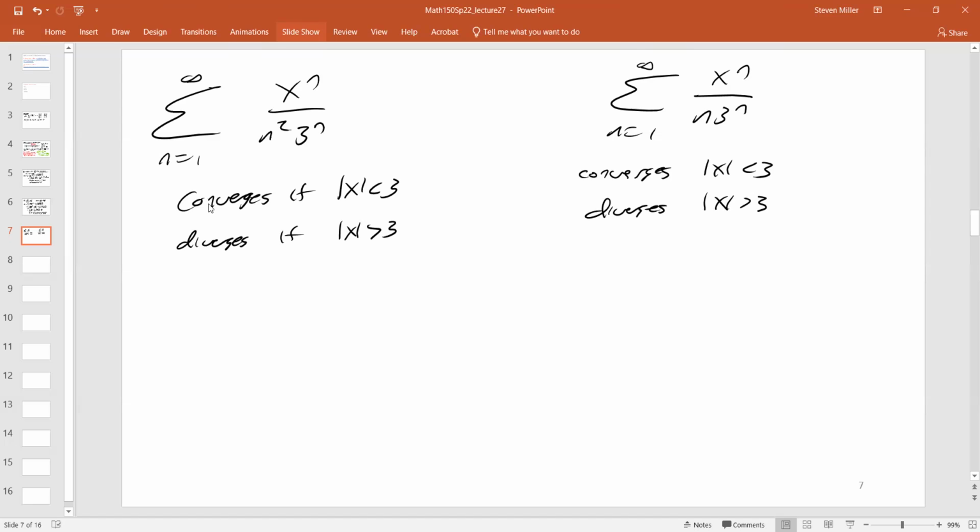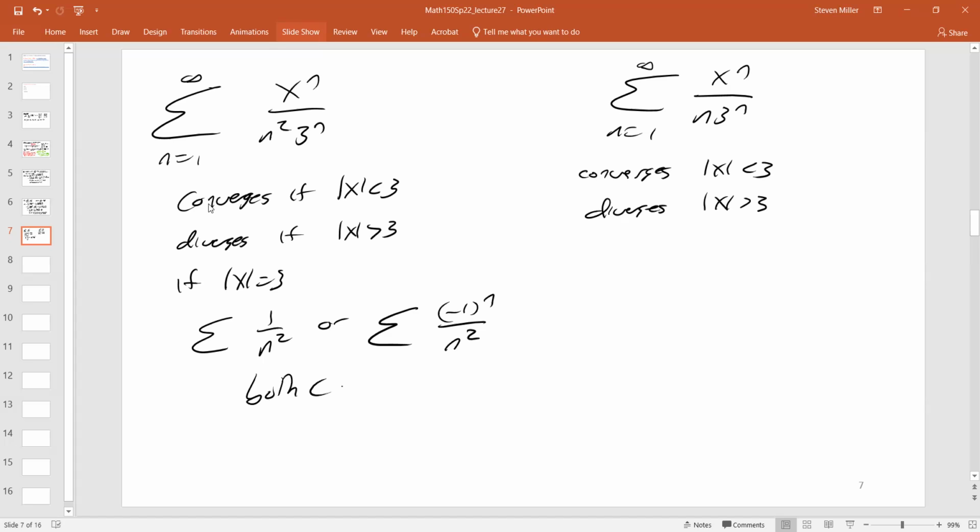So how could the absolute value of x equal 3? What are the possibilities? 3 or -3. So if the absolute value of x equals 3, we have the sum of 1 over n squared, or the sum of -1 to the n over n squared. Both converge.